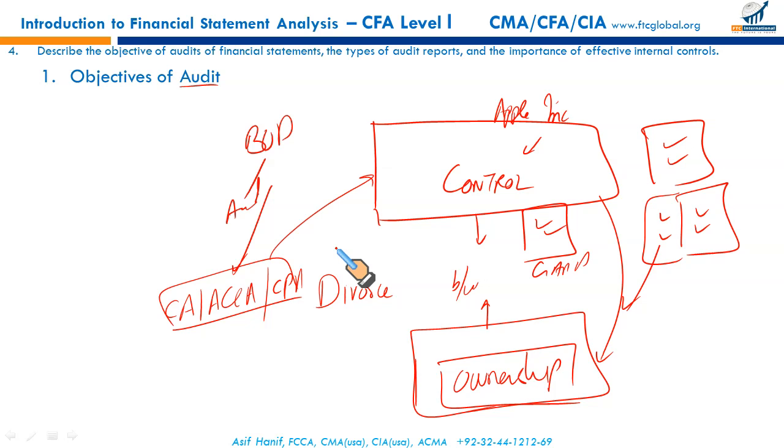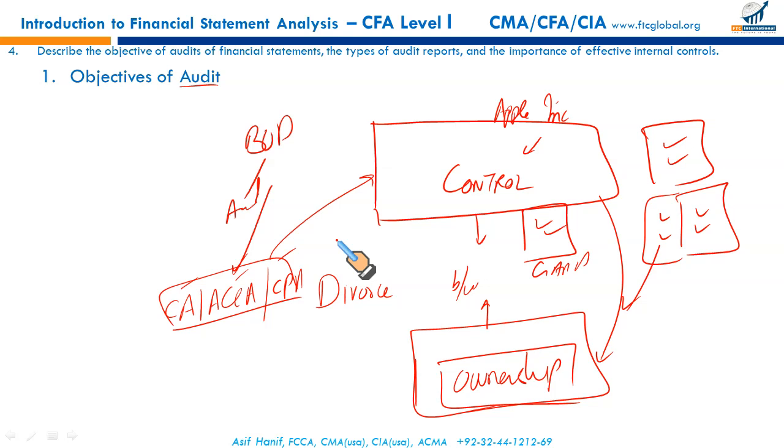They are not misstated. At least they are reasonably fair. So that is the reason in limited companies it is required under the law that the financial statements be audited by qualified professional accountants, and their certification, their audit will lend credibility to the financial statements and they will become more reliable. Right? So that is audit.